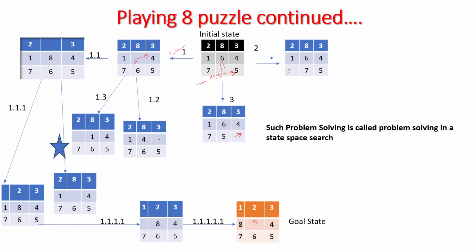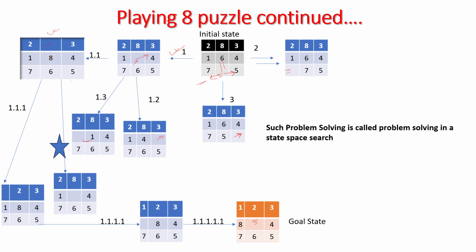So 4 will come here and it will move towards the right. Then in 1.3, I am shifting it left. 1 will come in the center and it will move left. Now see, I have chosen 1.1 again, and again from these 3 we can choose any: 1.1, 1.2, 1.3, and further proceed, but I have chosen 1.1.